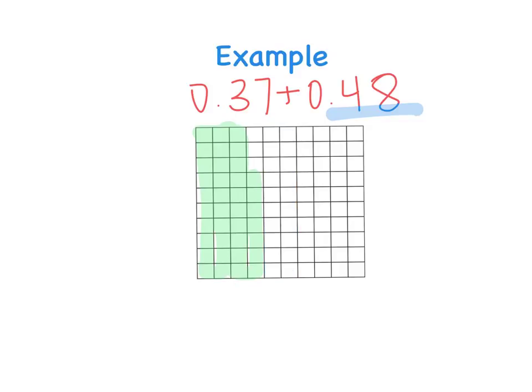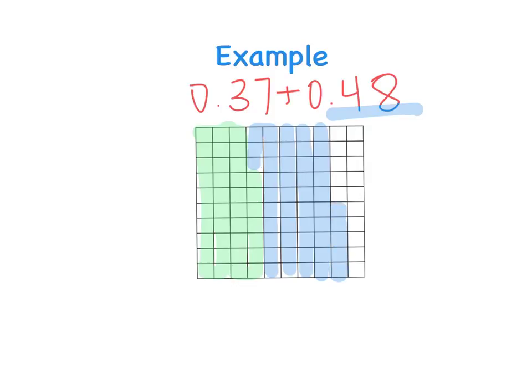Now I'll shade in my 48 hundredths. Here's 1, 2, 3, 4, 5, 6, 7, 8, 9, 10, 11, 12, 13 hundredths. Now this whole row is 10 hundredths, so now that's 23 hundredths, 33 hundredths, 43 hundredths, 44, 45, 46, 47, 48 hundredths.